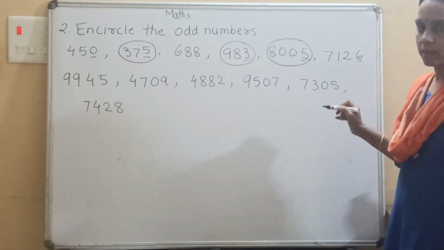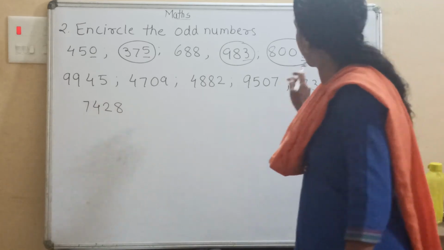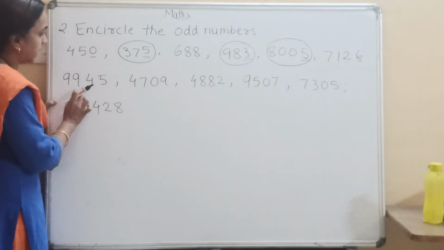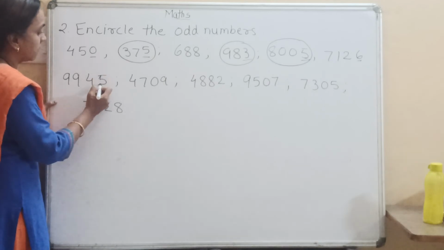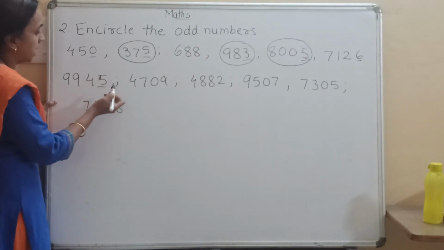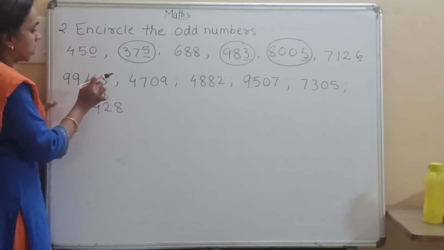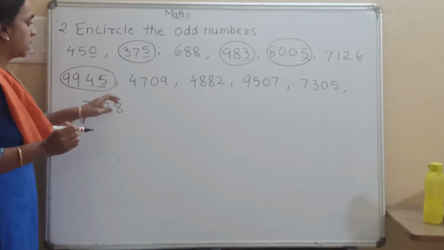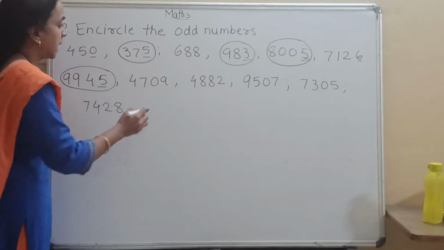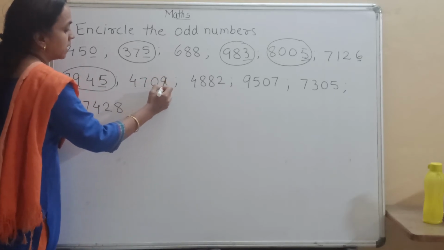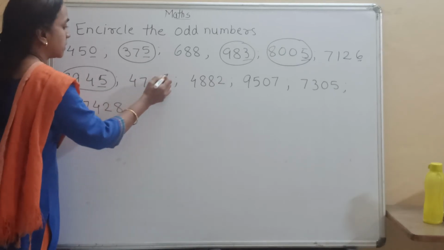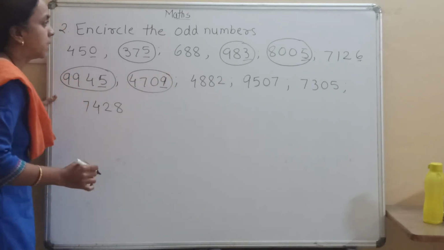Then 7126, 6 is an even number, so no need to circle, that is an even number. Then 9945 ending with the digit 5, so this is an odd number, so we have to circle this number. Then 4709 ending with 9, that is an odd number, so we have to circle this odd number.